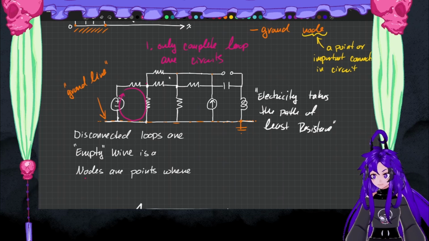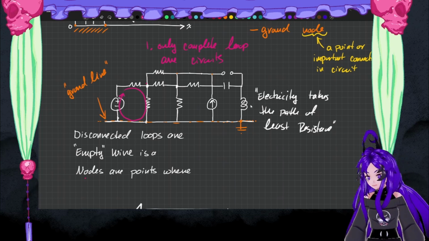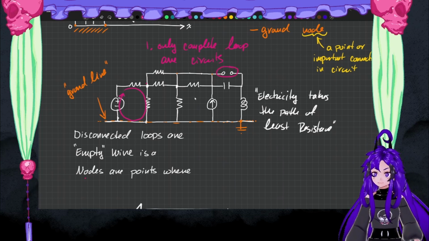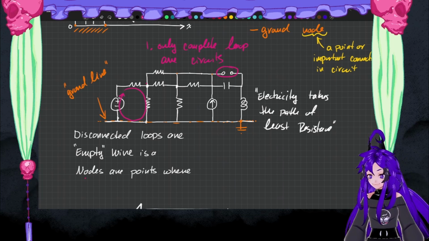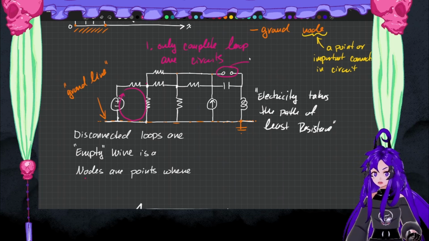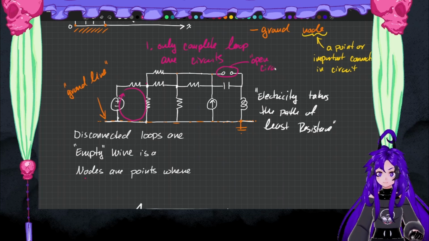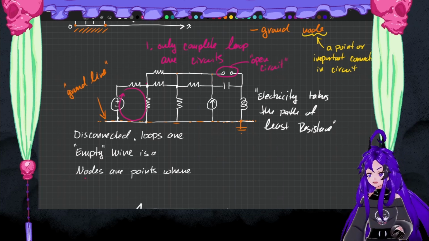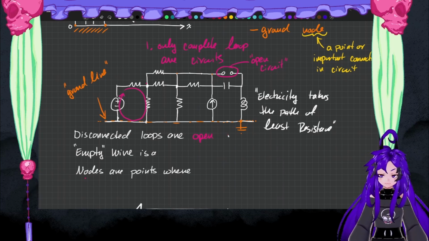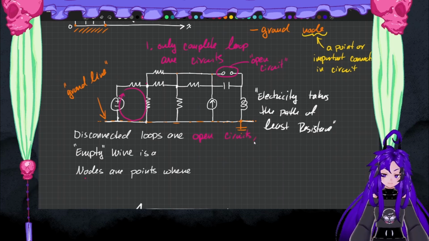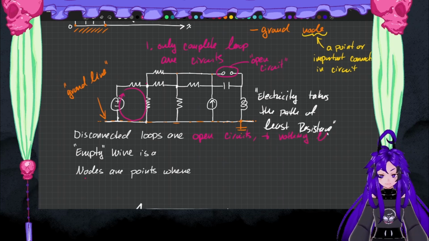Those are all loops. But this one's got terminals in the middle of it. It doesn't have a loop, right? It's got a hole here. We call that an open circuit. So disconnected loops are called open circuits. And nothing flows through them.